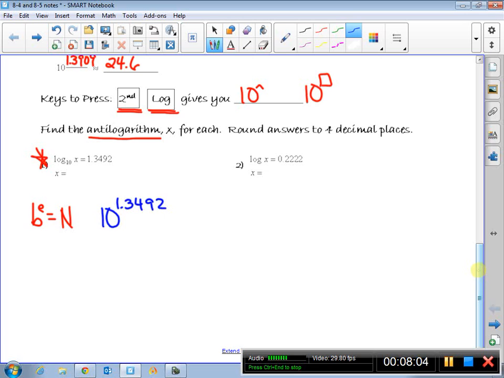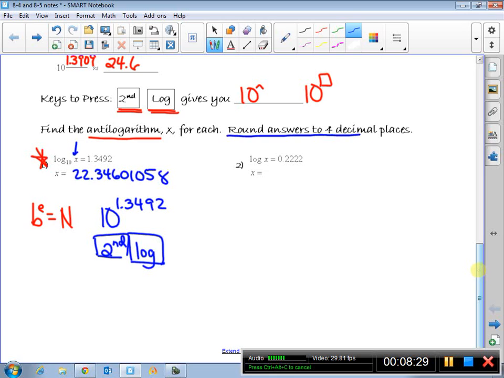But you can also know that if you're looking for the number, you can type in second log. So you really can handle this either way. I'm going to try second log of 1.3492. And I have 22.34601058. Round to 4 decimal places. 22.3460.